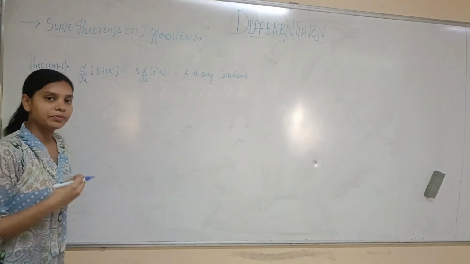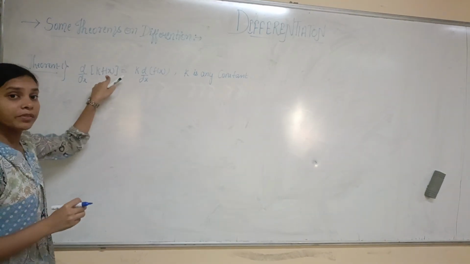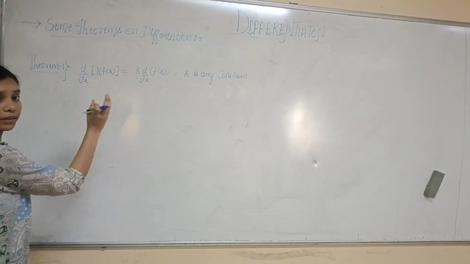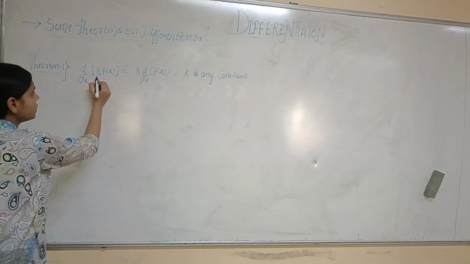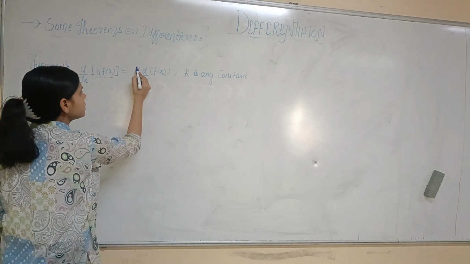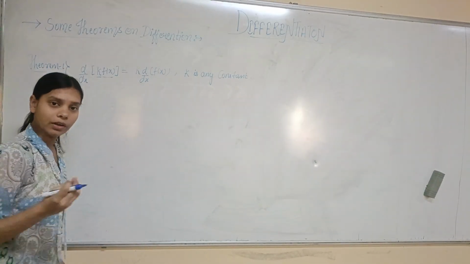The theorem says that if we take the derivative of a function that has a constant and a function of x, the constant must stay outside and we take the derivative of the function.